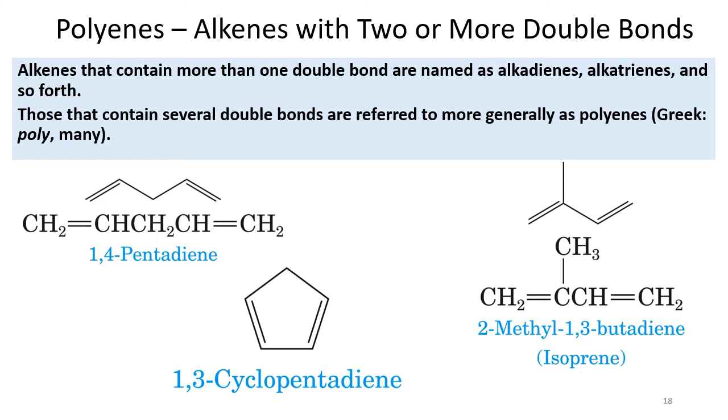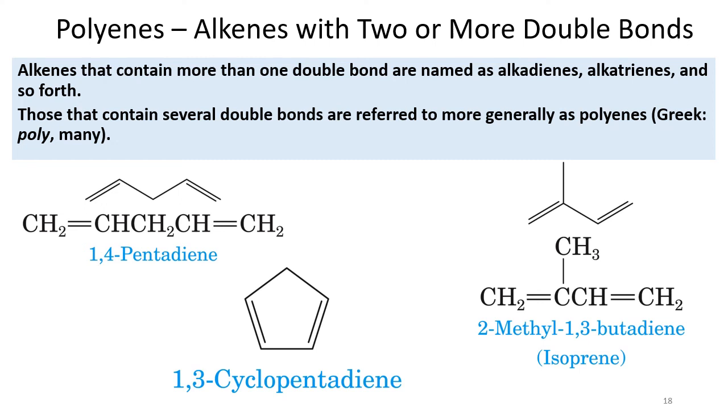So polyenes are alkenes with 2 or more double bonds. And the naming system there is that we use penta for the longest chain that contains both double bonds now, and then diene, and the numbers correspond to where the double bonds are. So instead of just pentene, we go pentadiene. So there's an "a" in there and then the Greek prefix.